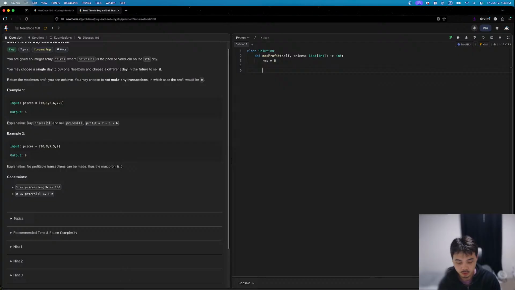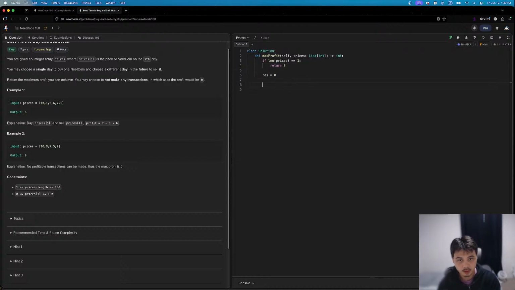And then if the length of prices is equal to 1, we return 0.